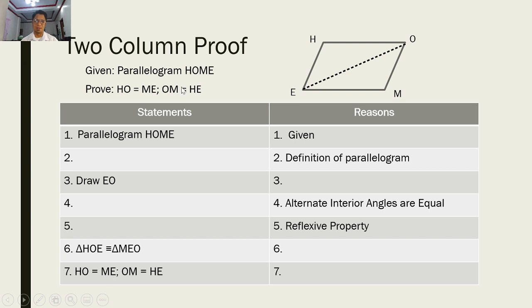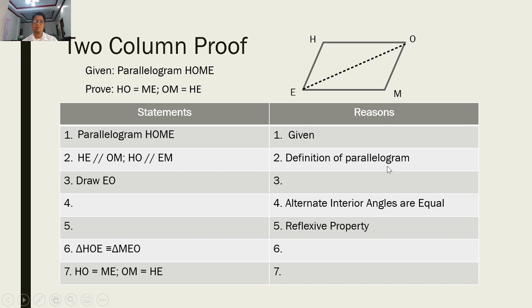So, kung ito yung bakante, ilagay mo na kaagad. Okay? Now, pagka-given natin dito, ang nakalagay sa reason, definition of parallelogram. Halos kaparehas lang yung nasa unang example natin kanina. So dito, opposite sides are parallel. Alin yun? HE, OM, HO, EM. So they are parallel.